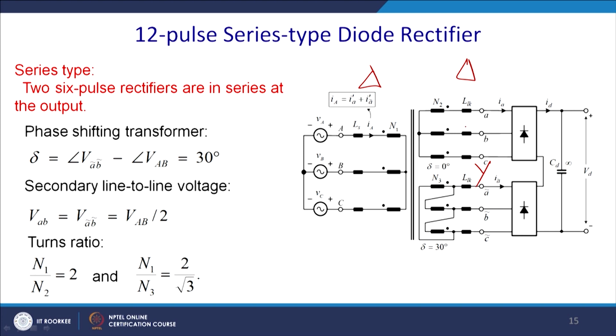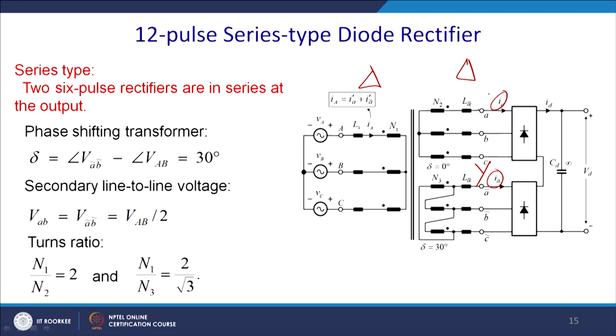You have a phase shift between this line current and this line current by 30 degrees, and since IA is basically the primary current, if it is a 1:1 transformer, we will split it between the star and the delta part.